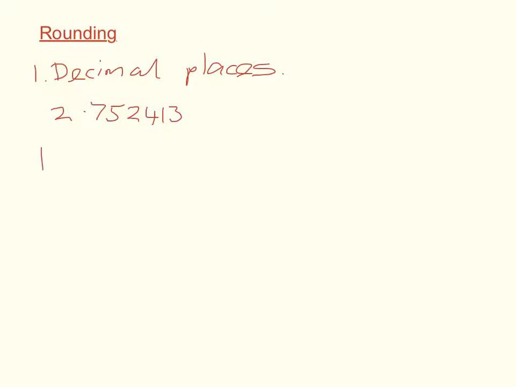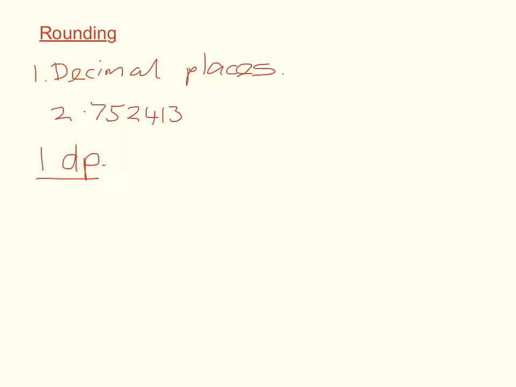So the first thing that we're going to have a look at is rounding to a certain degree of decimal places. The number that I'm going to have a look at is 2.752413. First of all, we can round to one decimal place.